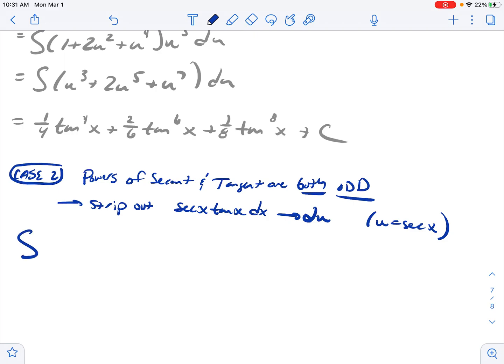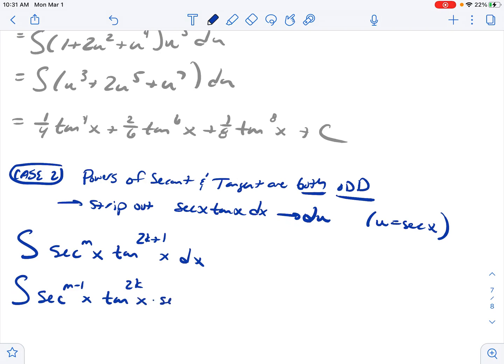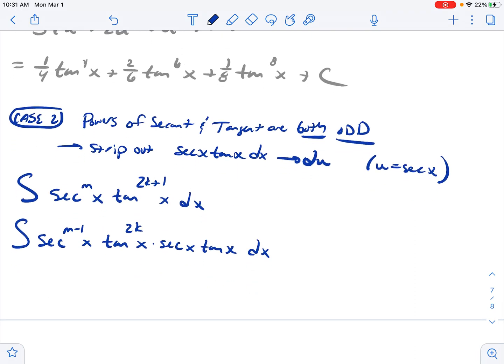Okay, so again, here's kind of in general, we have like secant to the mth power of x, where m is some odd number, and then for tangent, I'm going to write that as the 2k plus 1 to represent the odd number there. Okay, I'm going to break out a power of each. So this becomes secant to the m minus 1 power of x, tangent to the 2k power of x, times the extra secant x tan x dx. Okay, I took away 1 power from each of the previous.